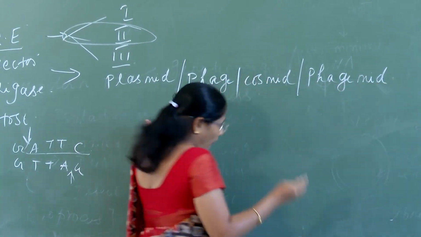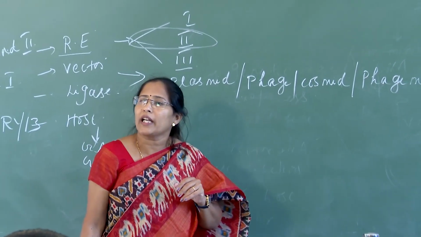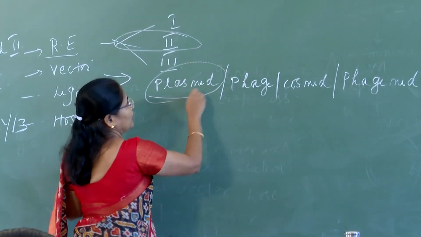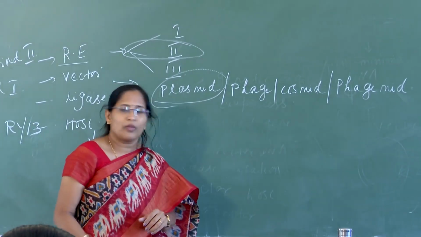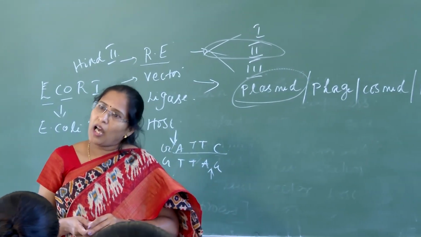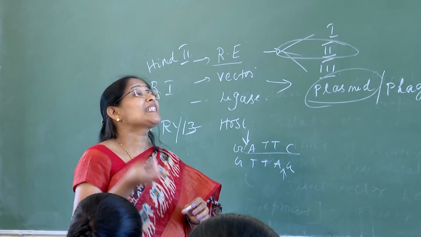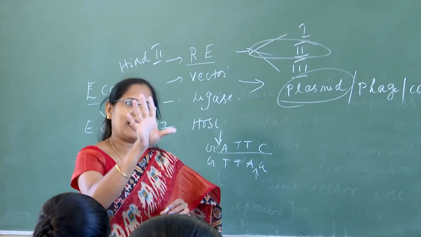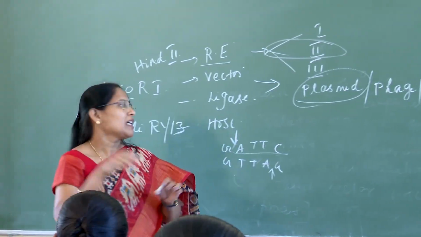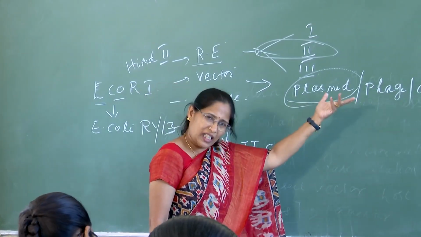Are we studying all this in this lesson? No. Which is the most common one that we are studying? Plasmid. Okay, I think you know what a plasmid is, right? What is a plasmid? They are circular, extrachromosomal, self-replicative, double-stranded DNA which is present in a cell, generally bacteria.